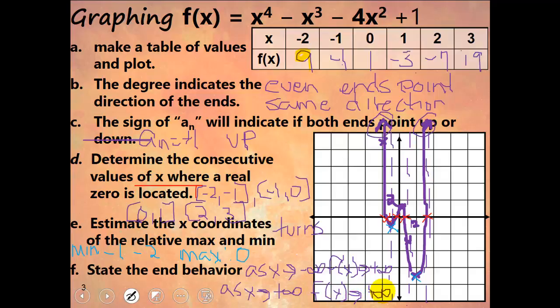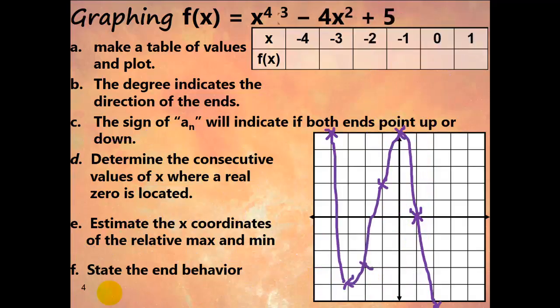Remember, the x is your left and right movement, your f of x is your up and down movement, okay? So we always report what's happening left and right, and then is it going up or down? Okay. All right, this next one, we're going to do the exact same thing.